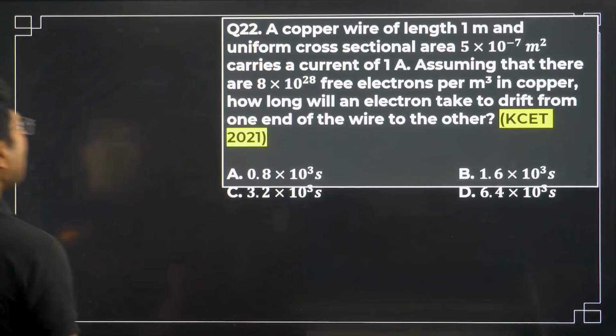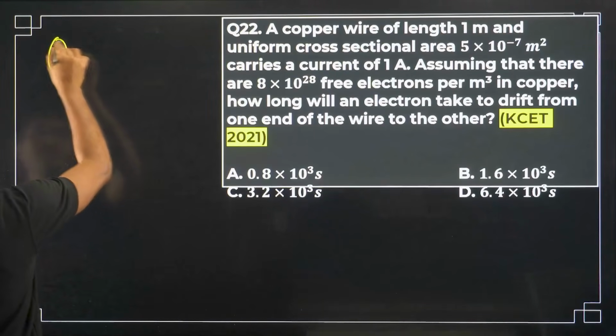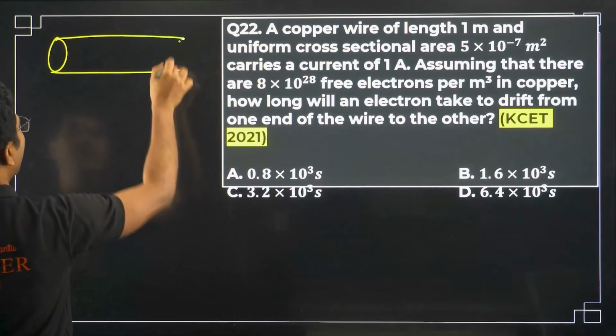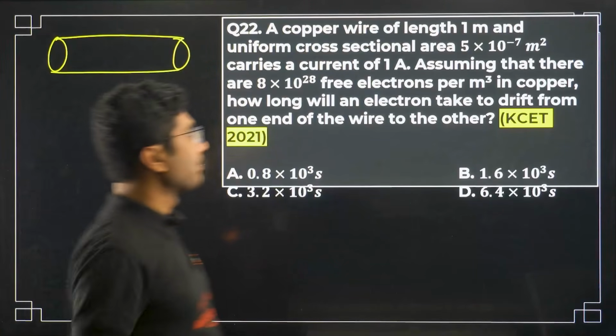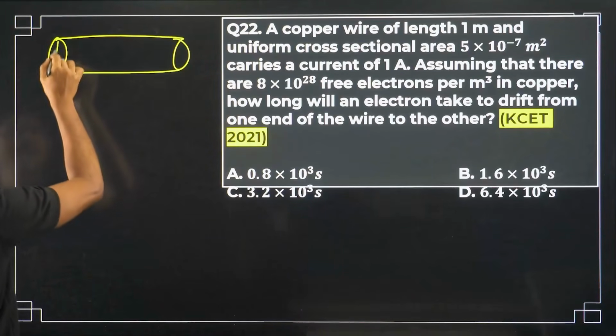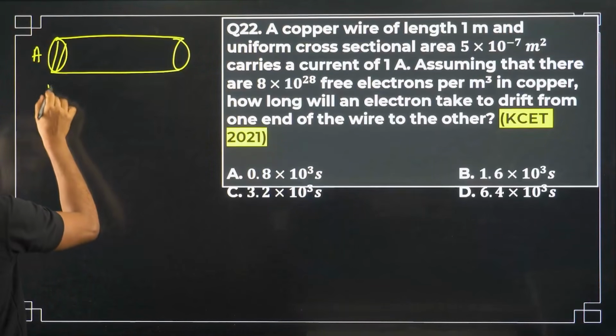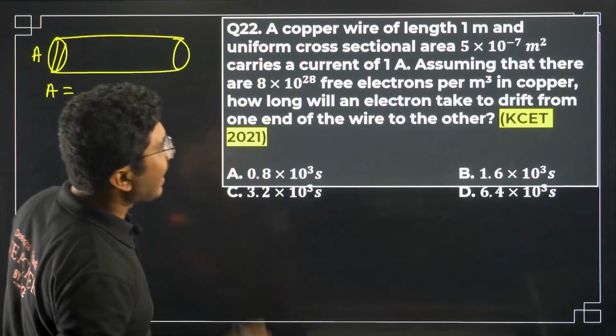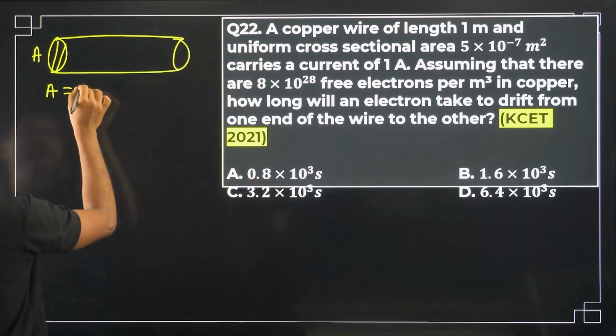So let's see. This is a question of drift velocity, also gives you an idea how slow drift velocity is. Okay, so uniform cross-sectional area is given, 5 into 10 to the power of minus 7.